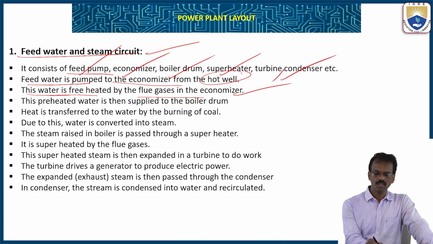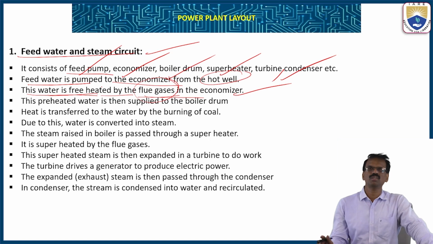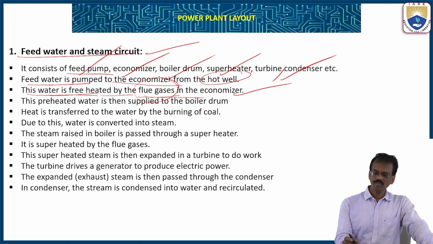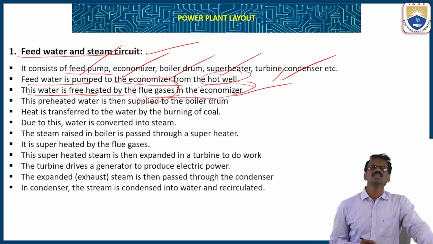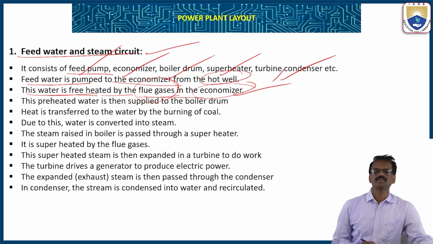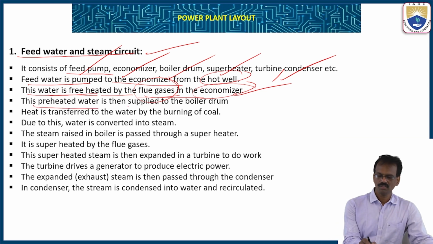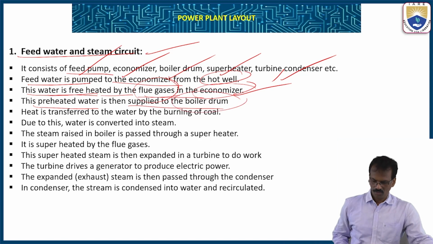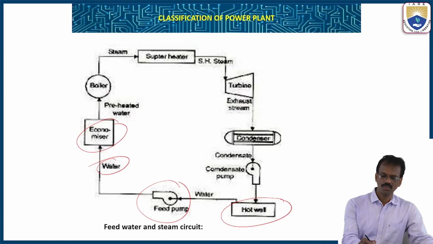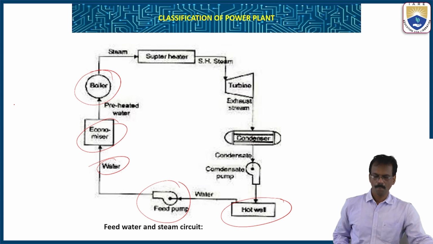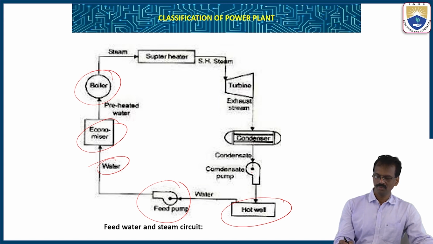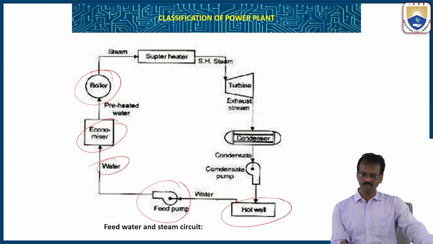So the water is preheated by the flue gases, which are the byproduct of furnace combustion, in the economizer. Next, this preheated water is then supplied to the boiler drum. So it means, from the hot well, the condenser, you know that the steam by the help of the condenser will be converted into water.